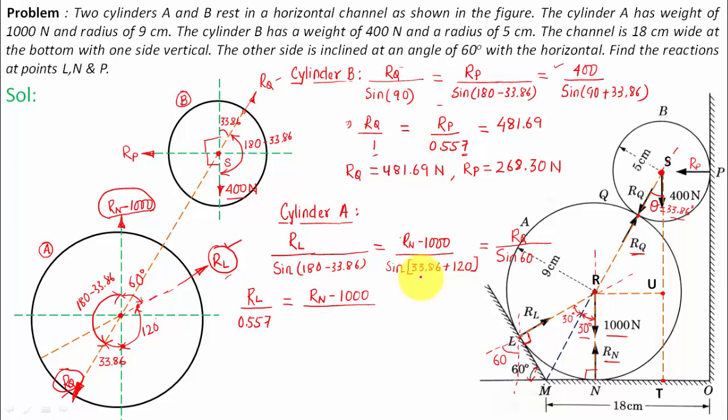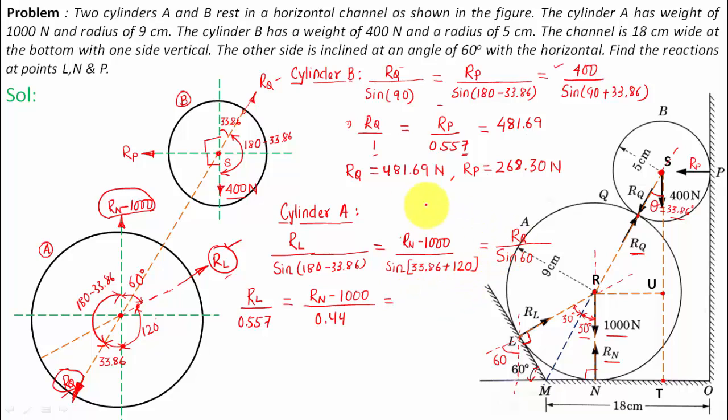So 33.86 plus 120 is equal to 153.86 and sine of 153.86 shall be equal to 0.44. So this is working out as 0.44, and this is equal to RQ.